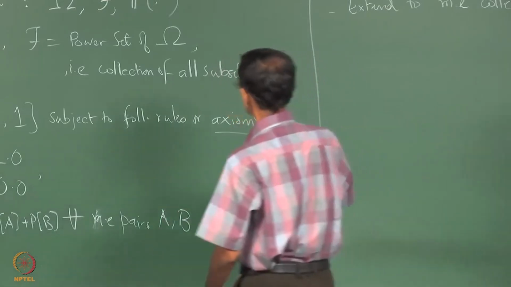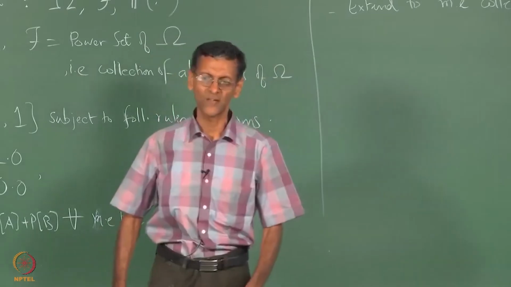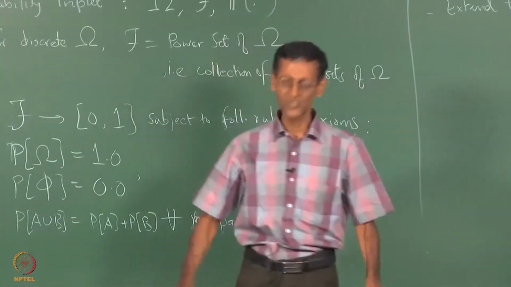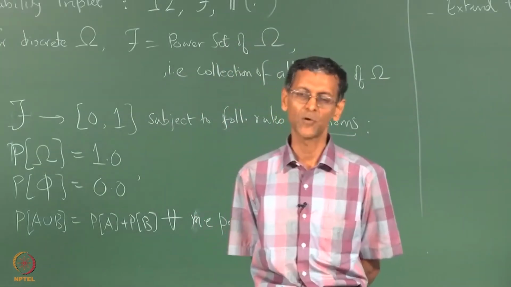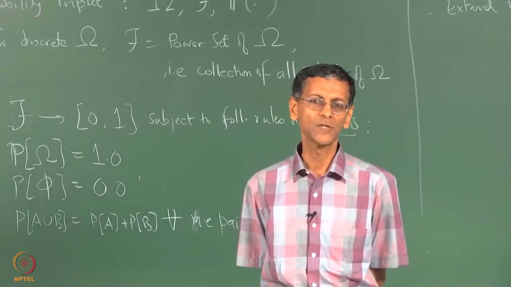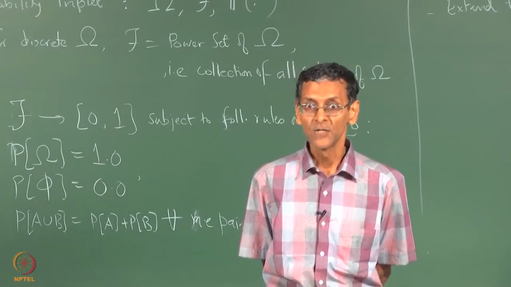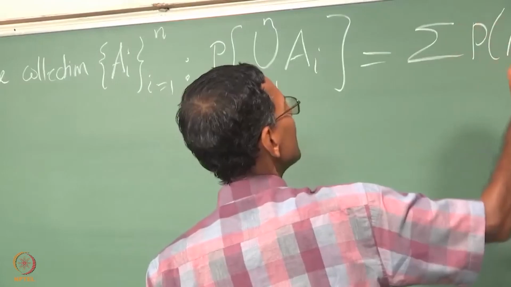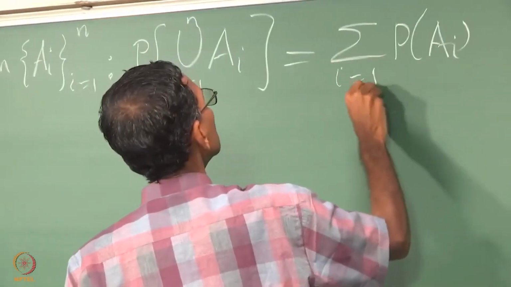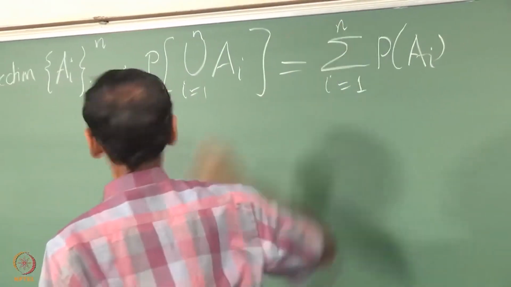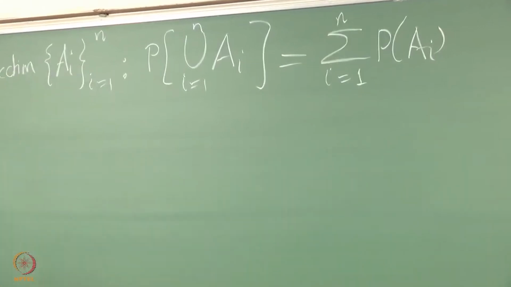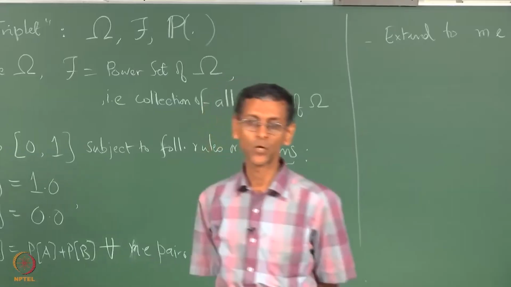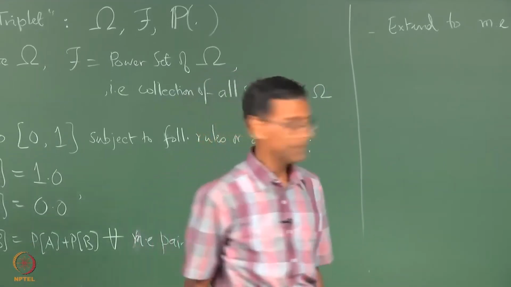Again, for the discrete case, all these questions of what F is do not arise, because we are always going to take F to be every possible collection of every possible subset we can form out of Omega. So all of these statements are going to be true for all (Omega, F, P), regardless of whether F is a power set or not.